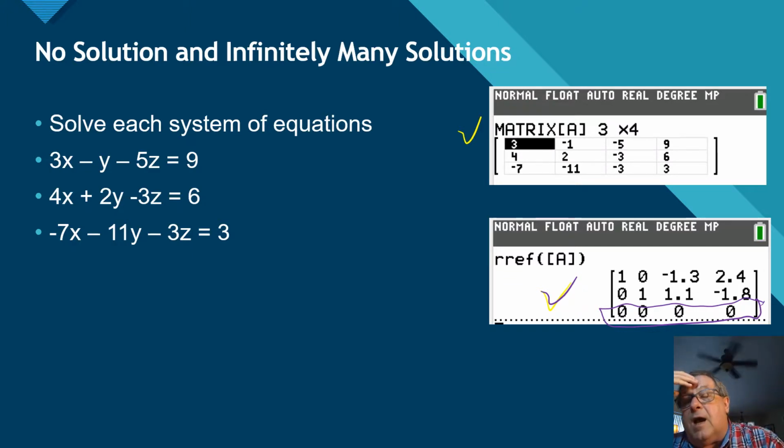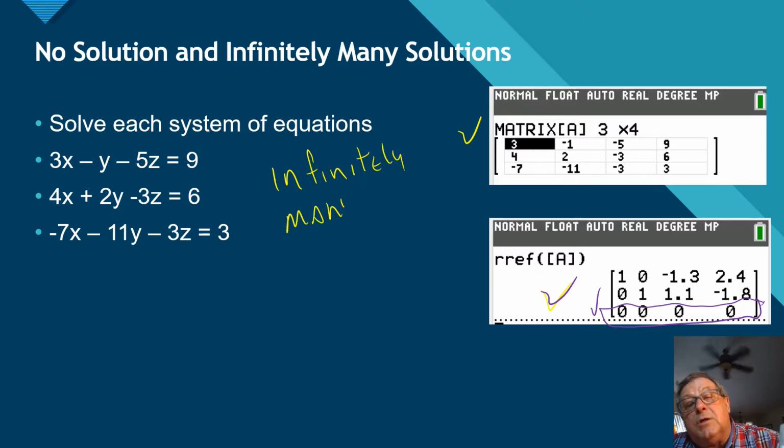And when we see our reduced row echelon form come back like this with all zeros in the bottom row, then we have infinitely many solutions. Now, when I look at these other rows, other than infinitely many solutions, what else do I have? Well, let's look at row 1.